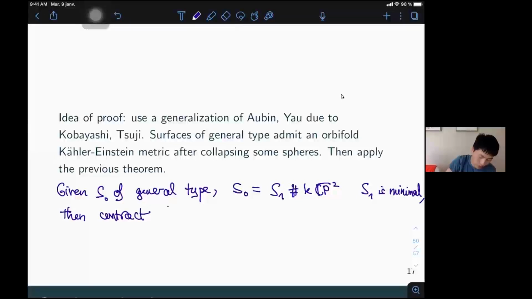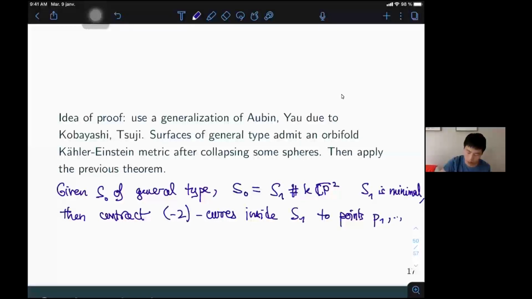What you do is you contract certain -2 curves inside S1 to points, say P1 to PK, and you have an orbifold metric on this new orbifold where you contracted these -2 curves.